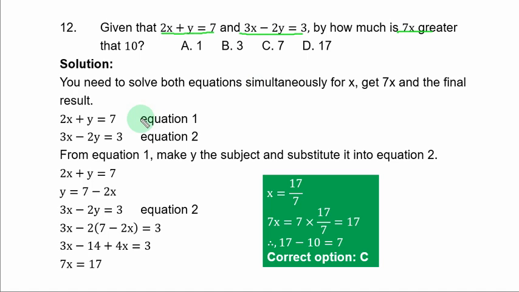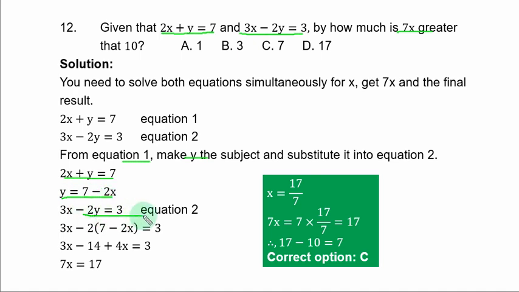So you have equation 1 and 2. From equation 1, make y the subject and put it into equation 2. This is equation 1. If you make y the subject, you have y equal to 7 minus 2s.